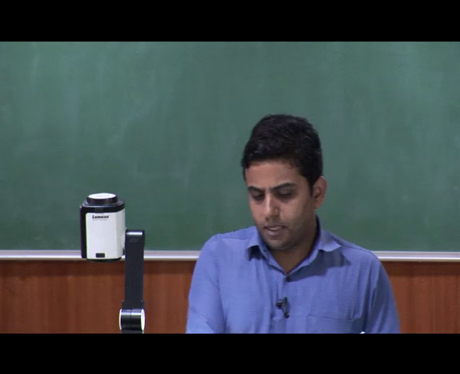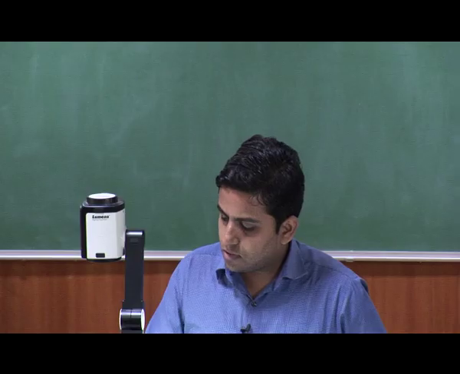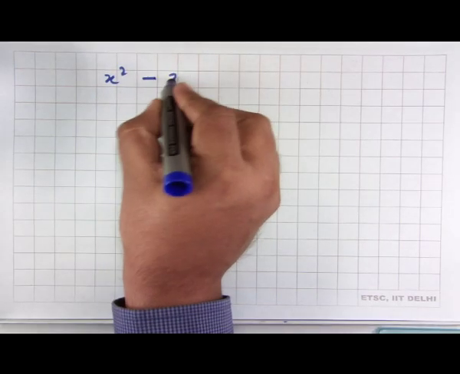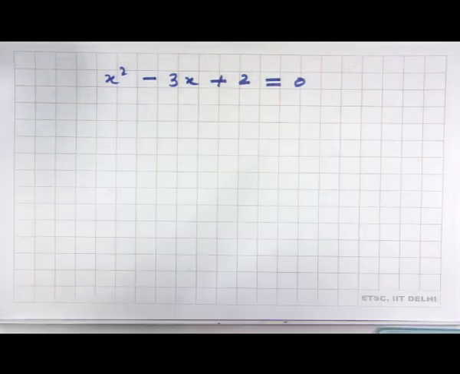Let us take an example. Suppose x square minus 3x plus 2 equals 0 is a quadratic equation.